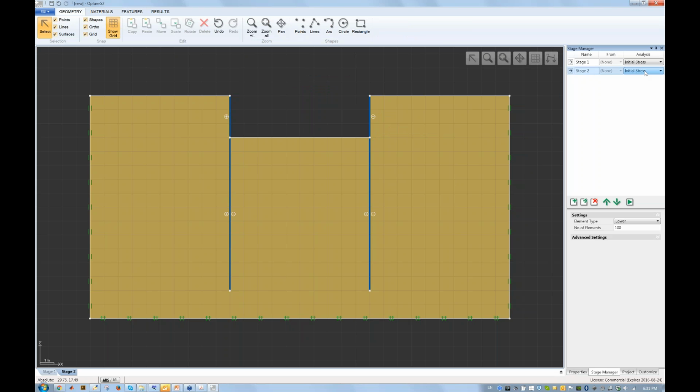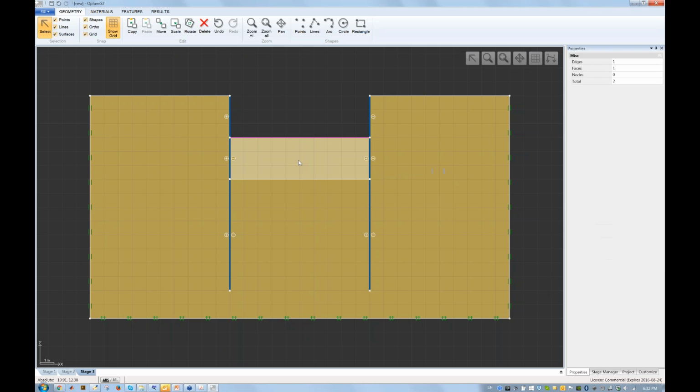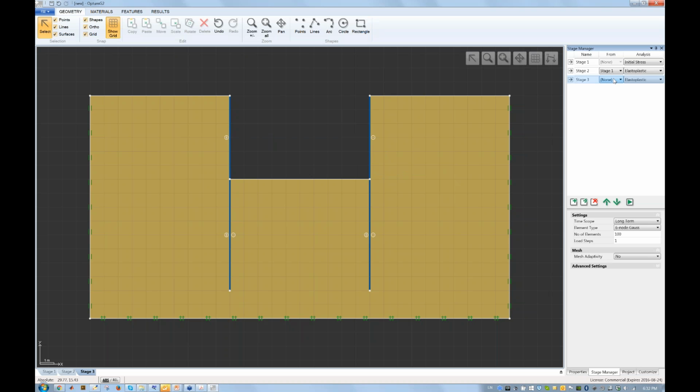So the second stage here, we want to calculate deformation, so it's an elastoplastic stage, and we want to start this stage, the first excavation stage, from the previous stage, the initial stress stage. I clone again, I excavate some more, and again I need to start this stage from the previous one. It's again an elastoplastic stage, and let me do a third one.